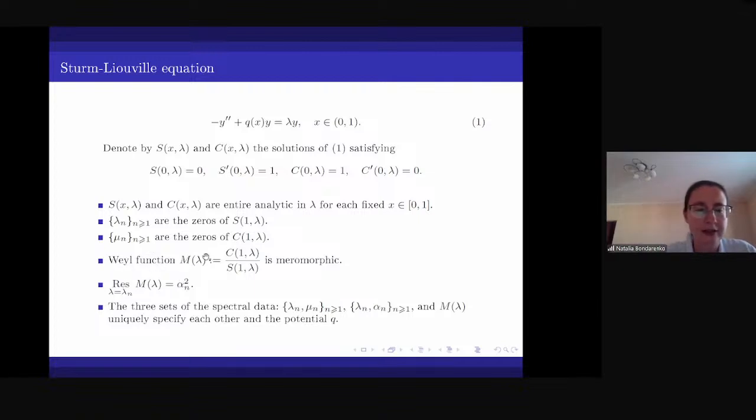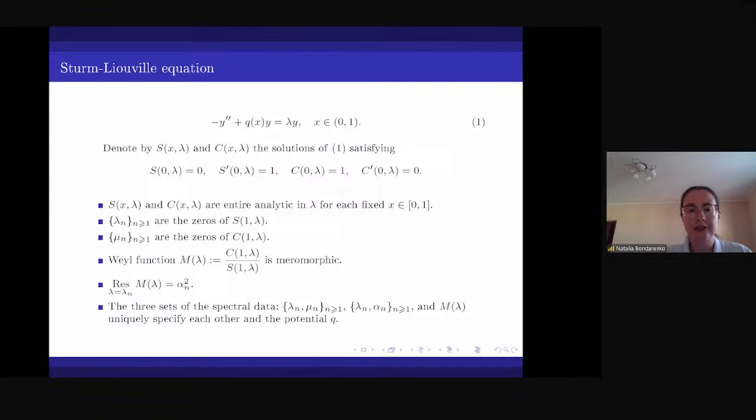Next, define the Weyl function as this ratio. The functions in numerator and denominator are entire, so the Weyl function is meromorphic, and its poles and zeros coincide with the two spectra of the Borg problem.